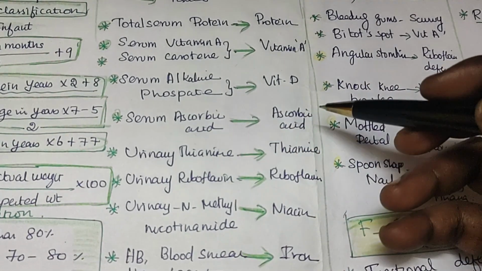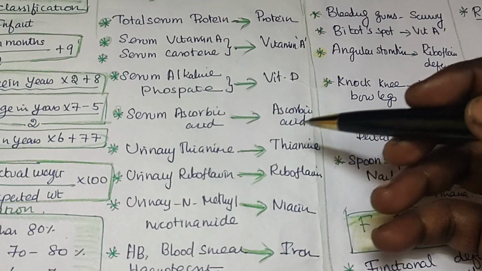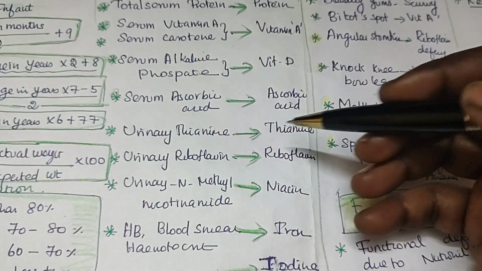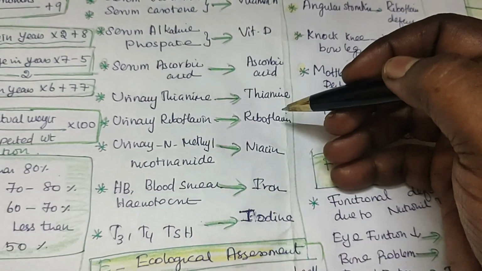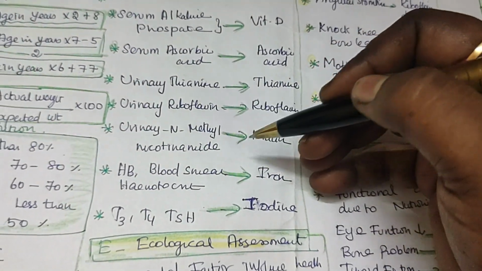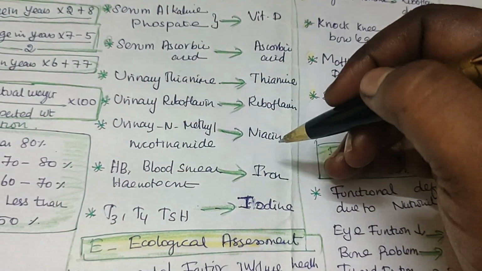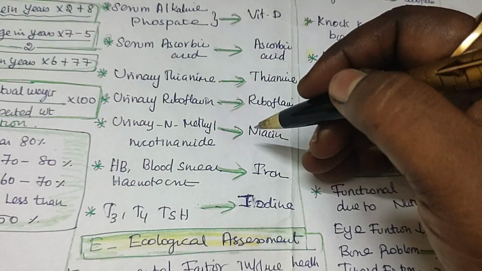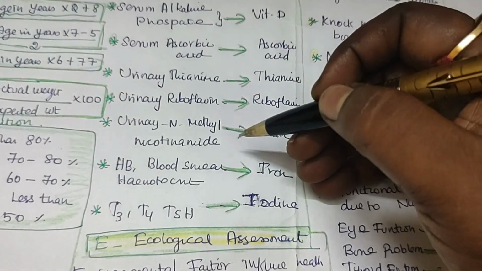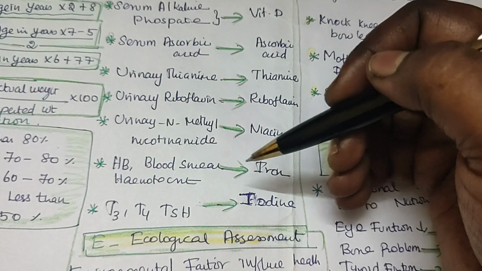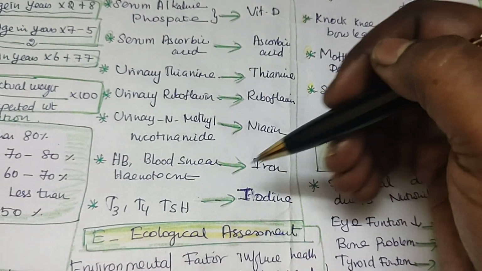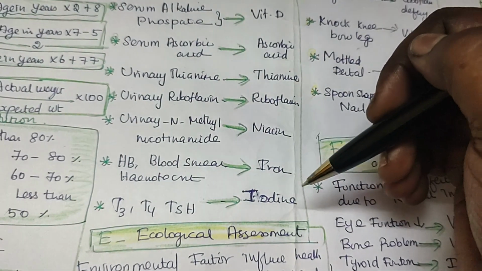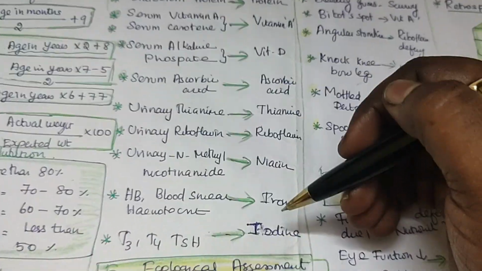Serum ascorbic acid is done for ascorbic acid deficiency, urinary thiamine for the thiamine test, urinary riboflavin to check riboflavin deficiency, and urinary N-methylniacin for niacin deficiency. Hb, blood smear and hematocrit value will be checked for iron deficiency anemia. T3, T4, TSH will show iodine deficiency. We can make it out.